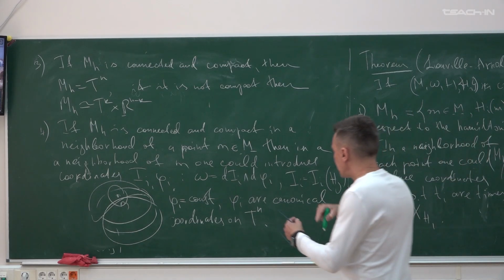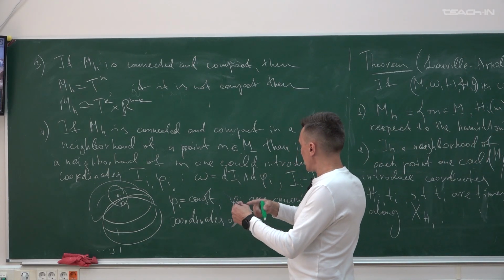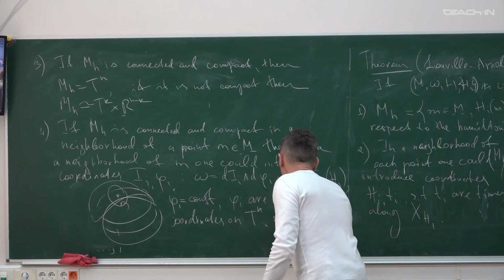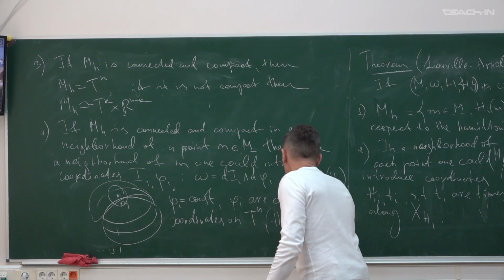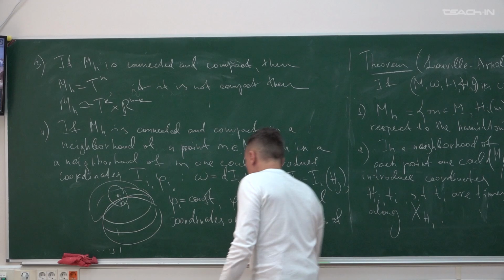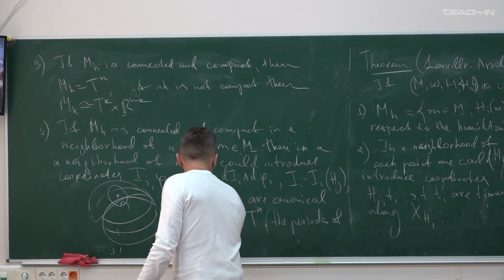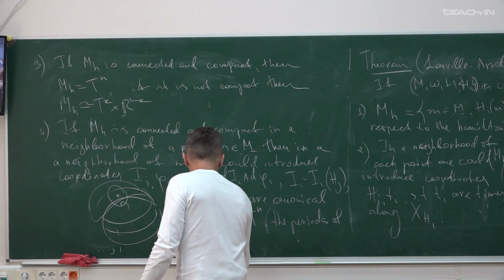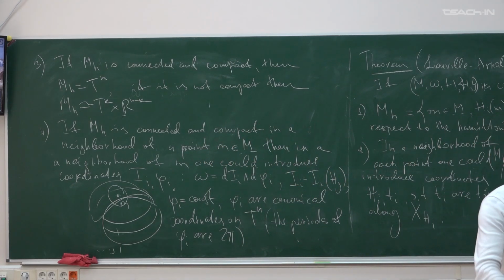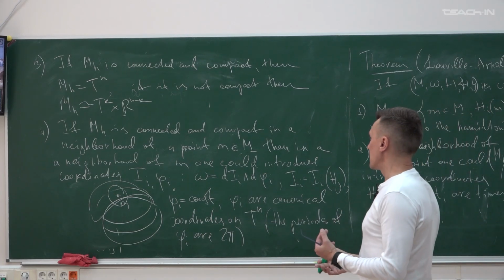It means that the periods of phi_i are 2π, just the angles along the periodic cycles on the tori.